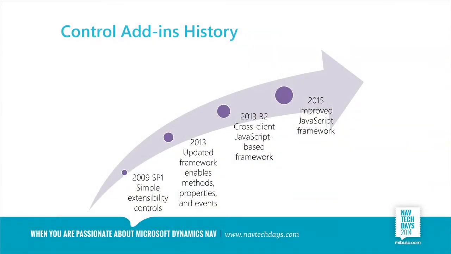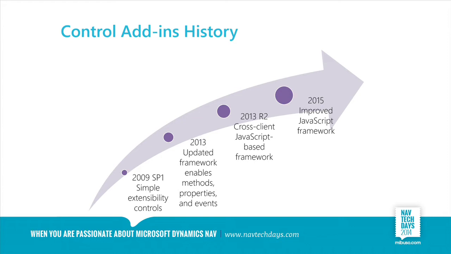Let's take a look a little bit at the control add-in framework history. At this stage, I will stop talking about Windows controls, and we are immediately shifting into the control add-ins for JavaScript. So in 2009 SP1, there was the first extensibility framework. As early as that version, you could write extensibility controls.